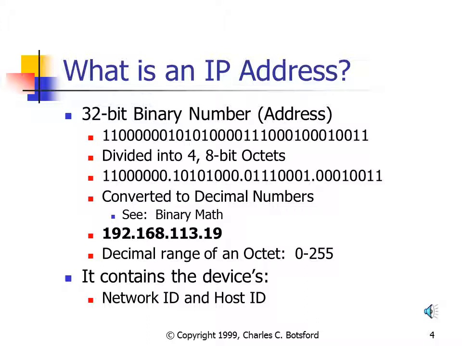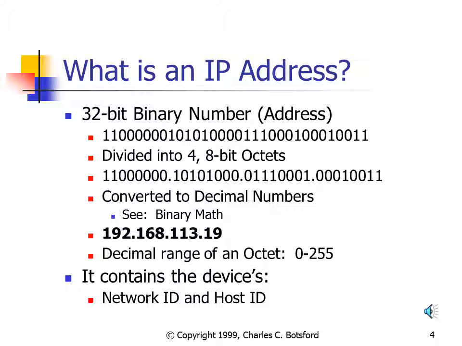So we know from binary math that any octet could have a decimal value between 0 and 255. That means each of the octets could have any possible number between 0 to 255. Now we're going to see a little bit later with IP addressing that certain numbers are off limits, but potentially each one of those octets could be any number between 0 and 255.